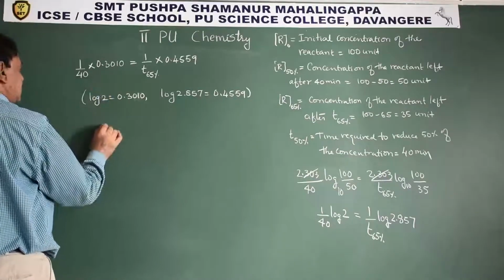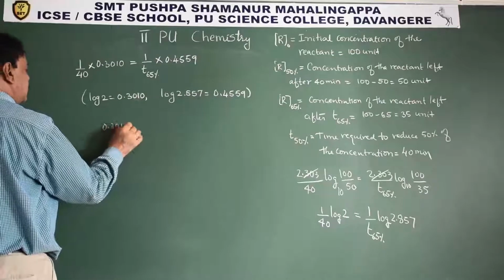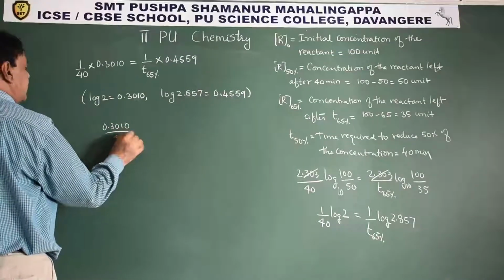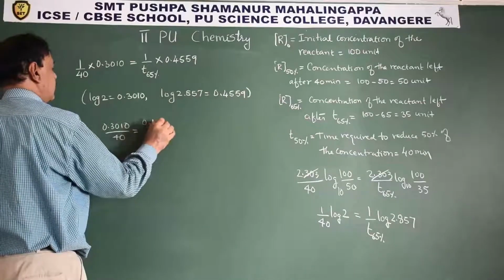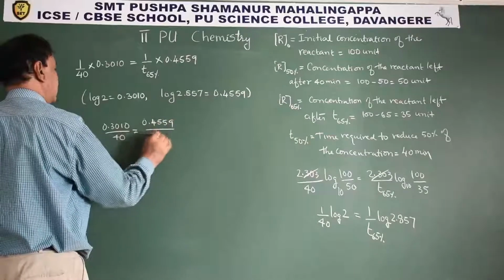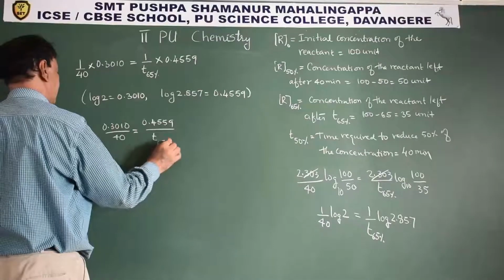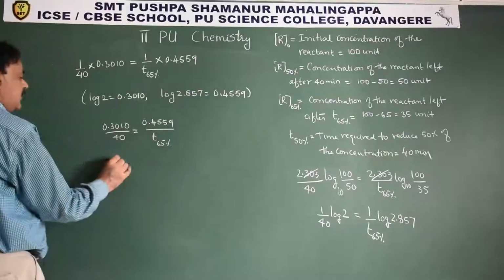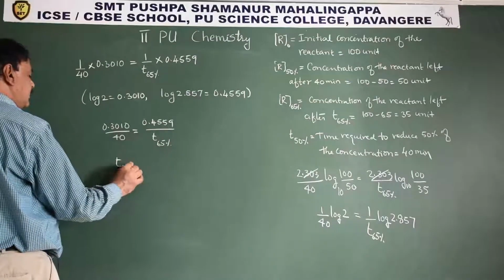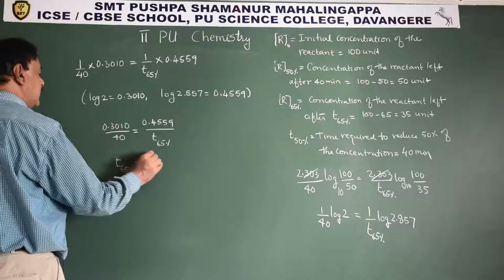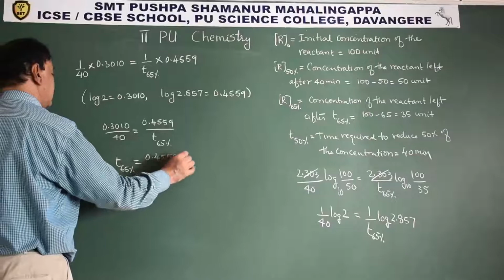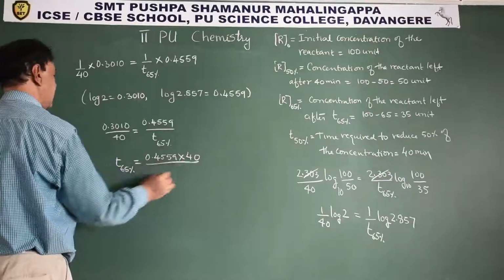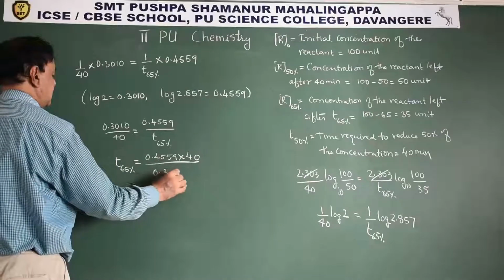0.3010 divided by 40 is equal to 0.4559 divided by T65%. Therefore, T65% is equal to 0.4559 into 40 divided by 0.3010.